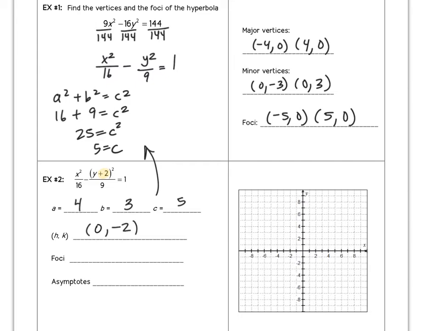Okay, so the foci means, actually, you know what, let's just draw this first. If I know it's at 0, -2, then this is my center, okay? On the x-axis, I have to go 4 over each direction. So 1, 2, 3, 4, 1, 2, 3, 4. On the y-axis, I have to go up 3 and down 3. So 1, 2, 3, 1, 2, 3, like that. And then I'm going to draw a little box with dotted lines to make this box.